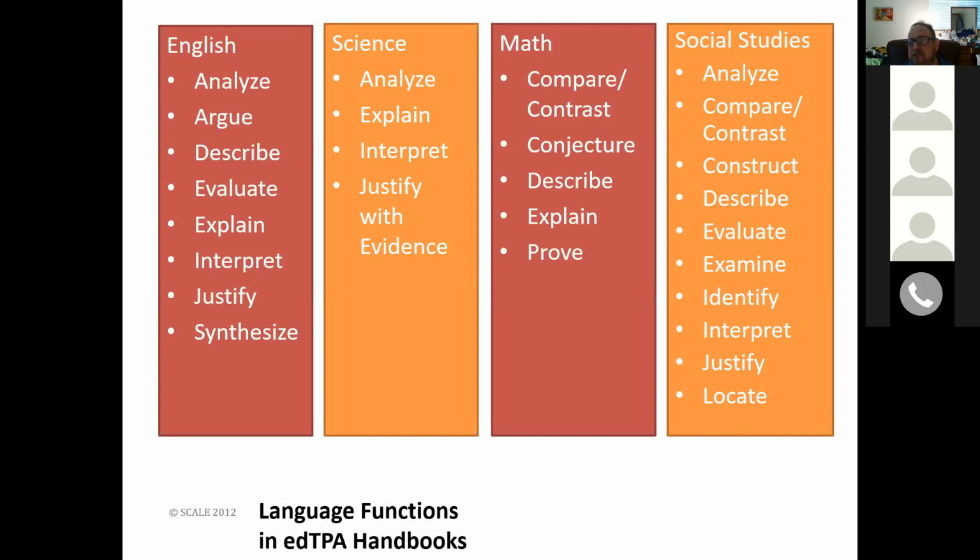Analyze, compare, contrast, construct, describe, evaluate, examine, identify, interpret, justify, locate. And the others are the same for their own content area. If you didn't get it down, don't write furiously. This presentation will be up on the PLN tomorrow, and I will also put up a copy of this PowerPoint.